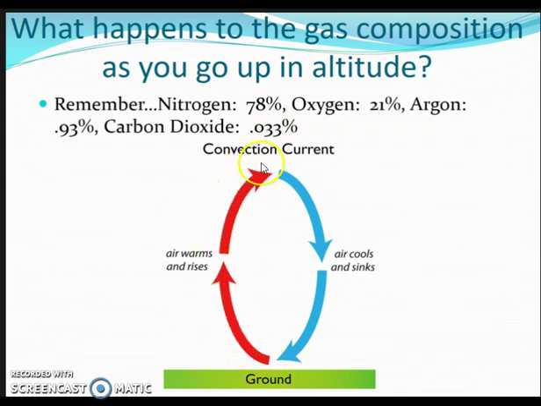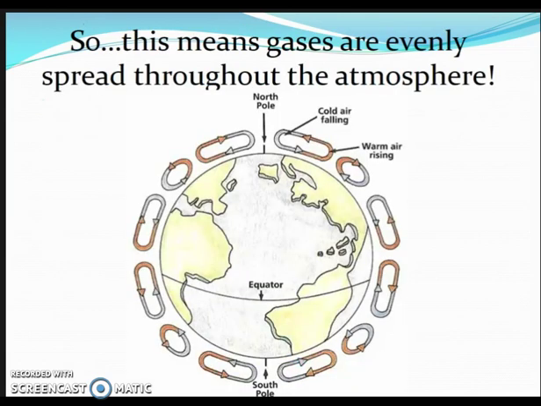It cools, because we said the temperature is colder as you go up in altitude, and so that cold air is going to sink right back down and warm back up. So what these are called is the Coriolis effect. And so to answer our question about the gas composition, we would say that it's evenly spread throughout the atmosphere. So whether we go all the way up high or all the way down low, there is no change in the atmosphere as we go all the way up to the top.